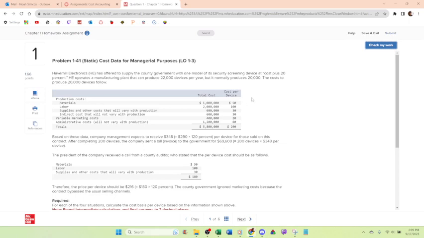The cost per device doesn't change. The total cost changes.